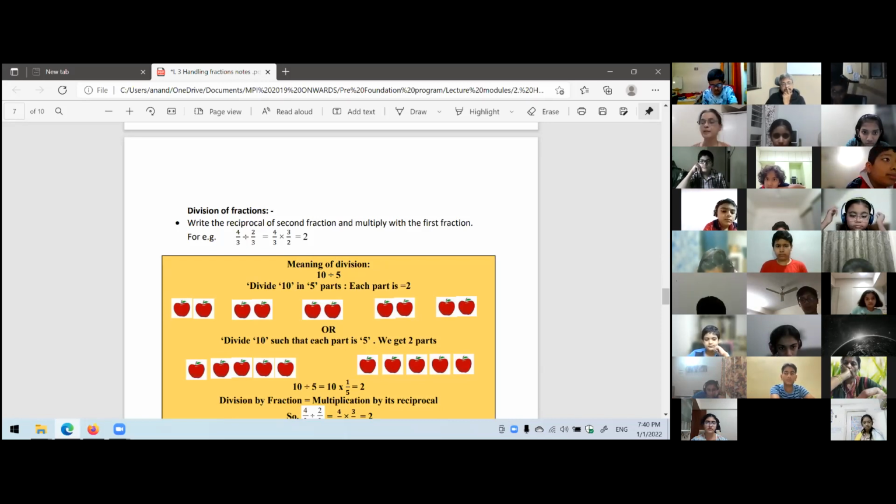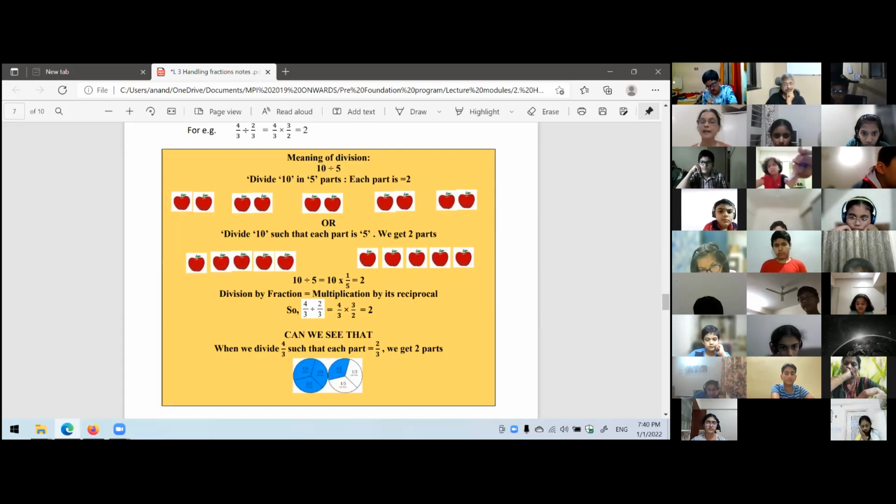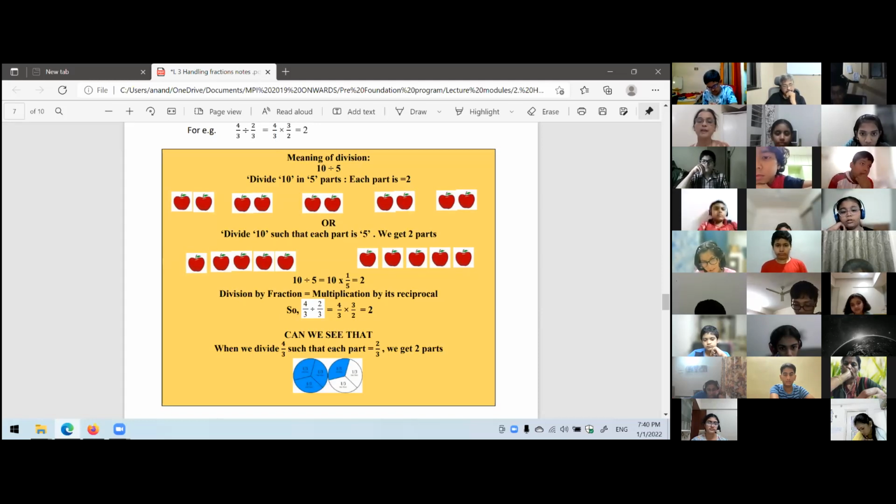Now, why is it like this? Very quickly, I would like to explain what is exactly division. Look at the picture, all of you. When I say 10 divided by 5, I can read it as divide 10 in 5 parts. Each part is equal to 2. Or I can read it as divide 10 such that each part is 5.